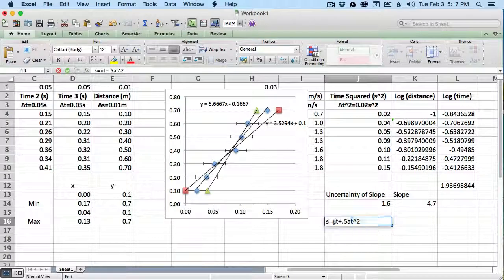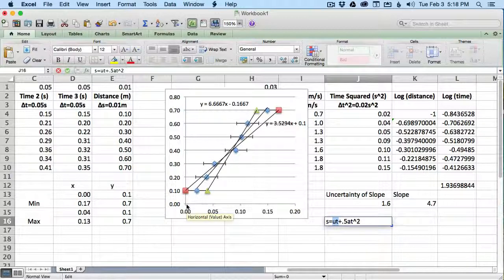And my y-intercept is ut. Now, in this situation, if I am dropping a ball, the initial velocity is 0, and I would expect the y-intercept to be 0. And as we see, if we look at the min and max slopes, certainly the area that the min and max slopes envelop includes 0. So I could say that that does help verify the fact that the initial velocity was 0.